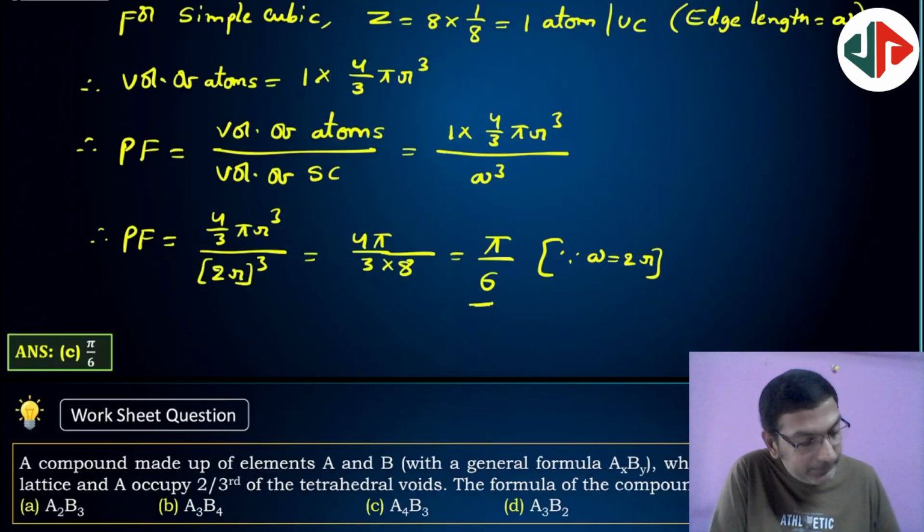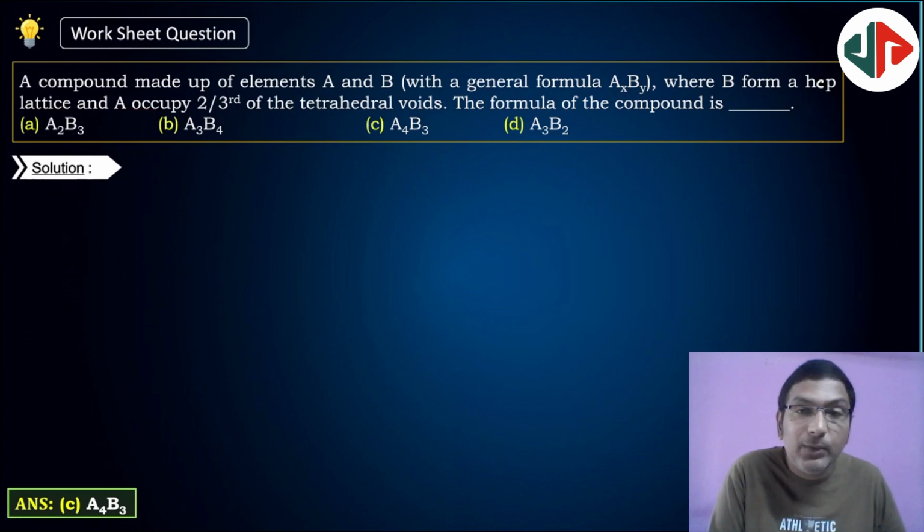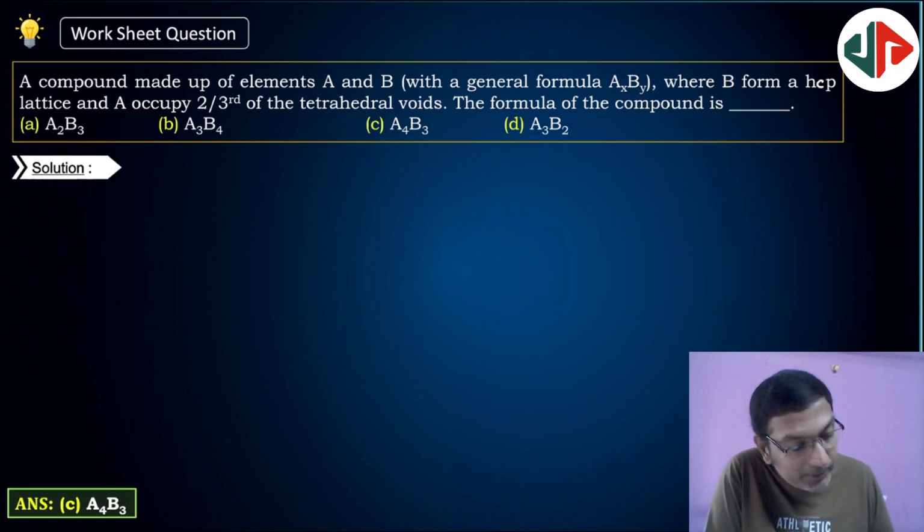Next. A compound made up of two elements A and B, with general formula AxBy, where B atoms form HCP lattice and A occupies 2/3 of tetrahedral voids. Find the formula of the compound. Very, very important. So here B atoms form HCP.